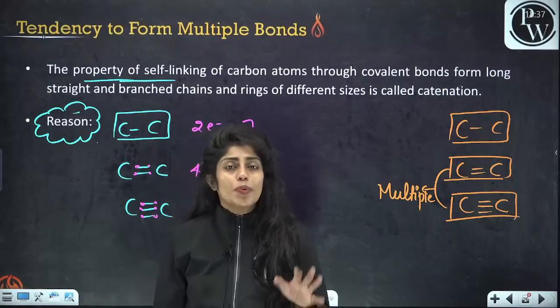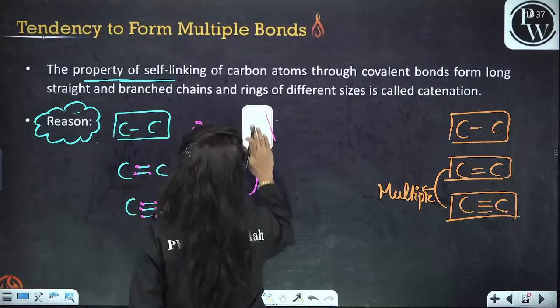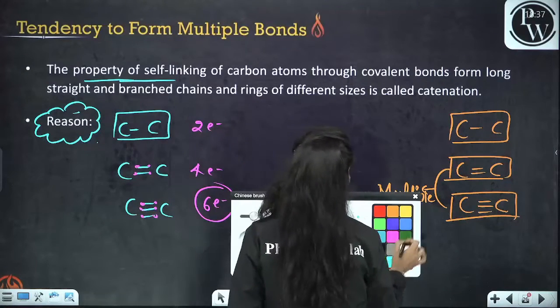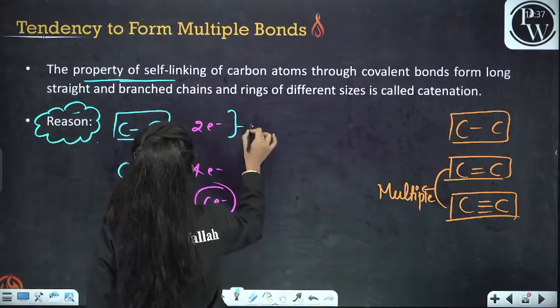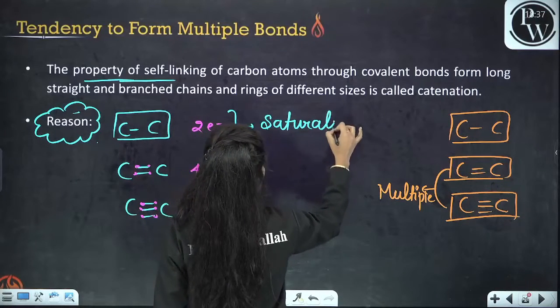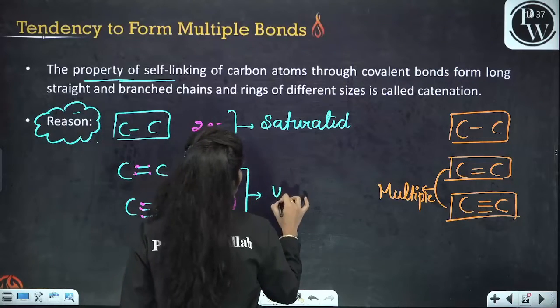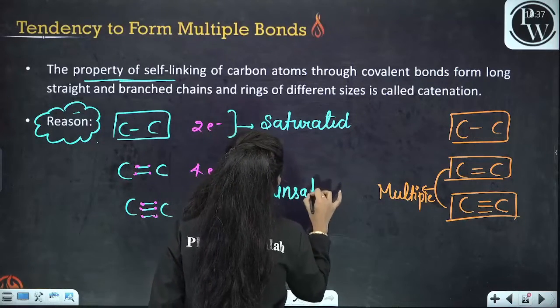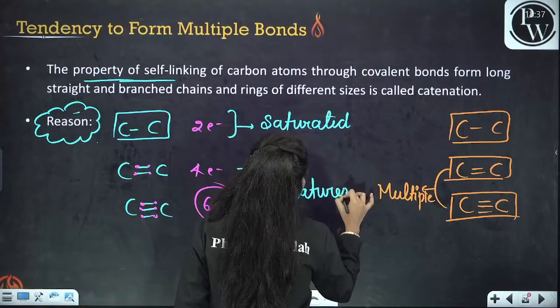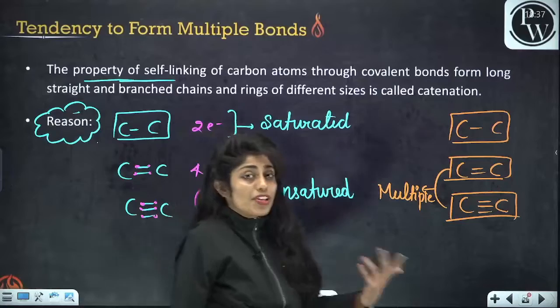Are we done? So basically we call them single bonds. Okay, we call it saturated compounds, saturated, and this case is known as unsaturated compounds. Now you will be like, new terms, more new terms.